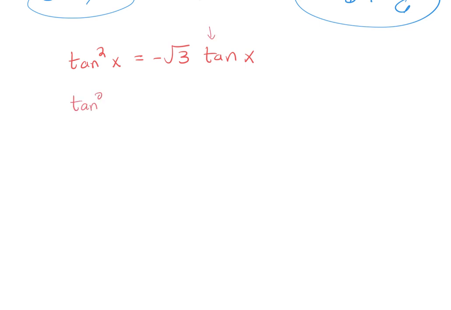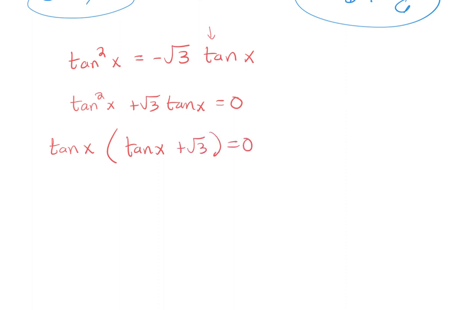So then I'll have tangent squared of x plus square root of 3 times tangent of x equals 0. And I have two terms. I can factor a tangent out, which leaves me with tangent x and then plus the square root of 3 equals 0. And now same thing as before, set both of these equal to 0.